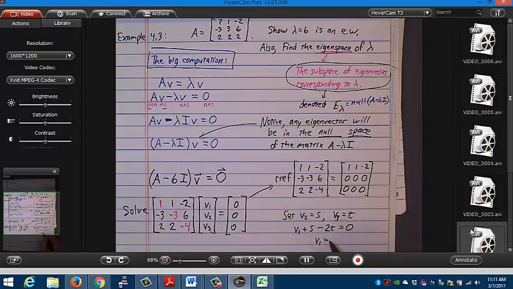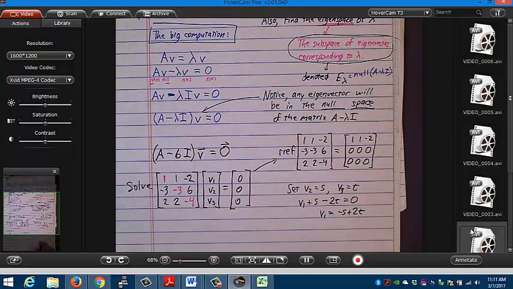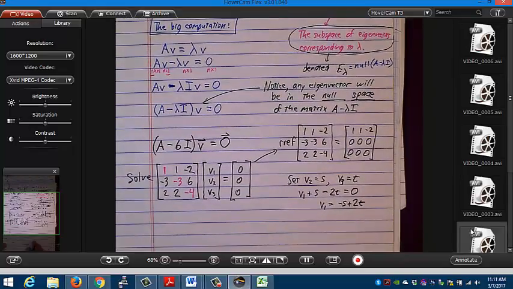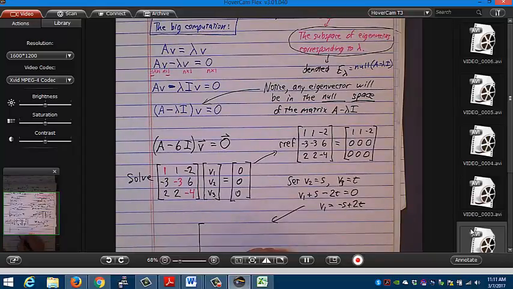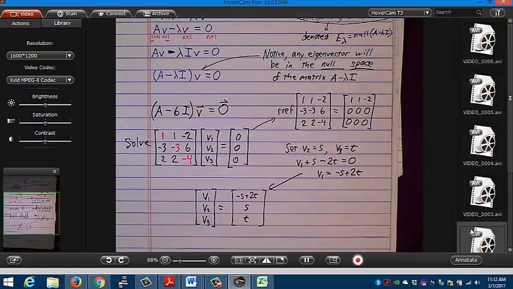So V1 is equal to negative S plus 2T. And so maybe what I could say is the solution that I get is that V1, V2, V3 looks like negative S plus 2T, S, T. Are you with me so far?